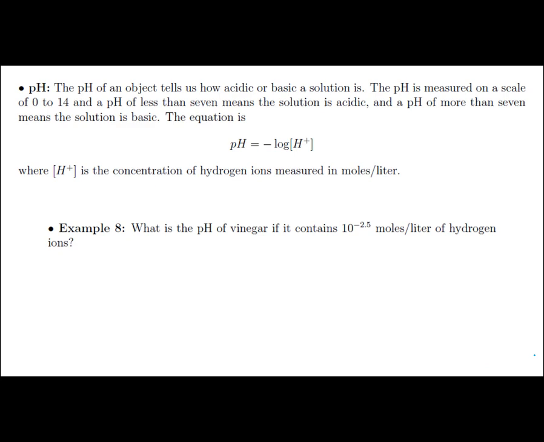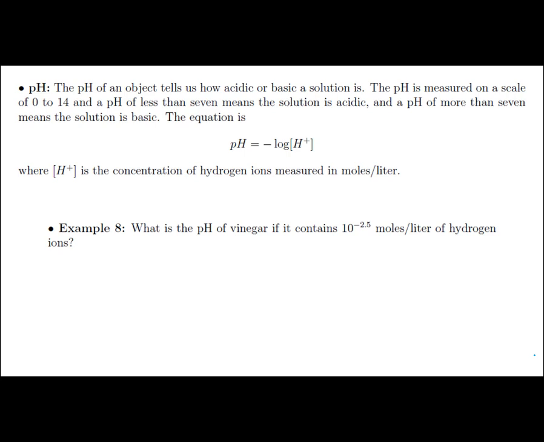So another example would be measuring the pH of a substance. pH measures how acidic something is, or how basic something is. When you're thinking acidic, you think of citric acid, things like that. Things that are sour are going to be more acidic, whereas for basic, maybe think of things that are salty.